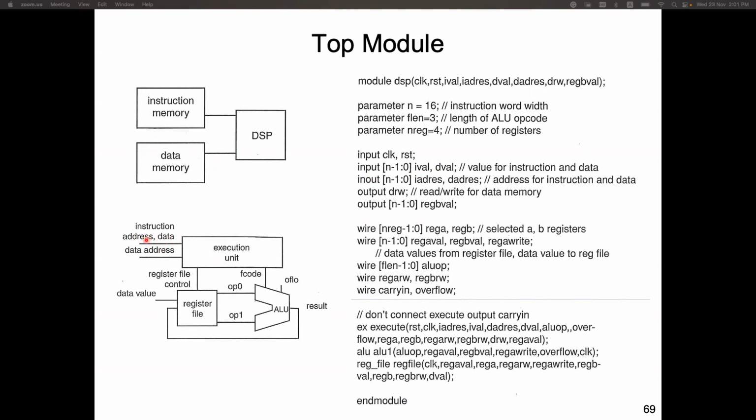Instruction data here is input from instruction memory, and data value.